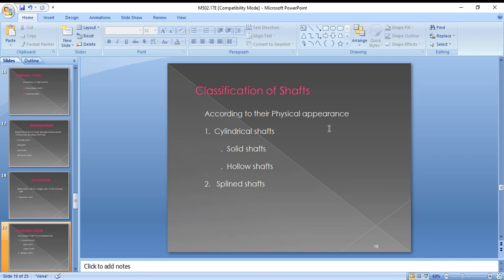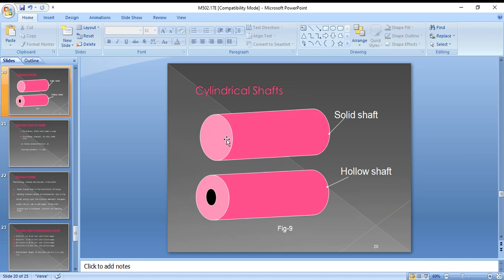A solid shaft has full material, and a hollow shaft has a hole inside the shaft. So these are the two types of cylindrical shaft. Next is the spline shaft. This is a solid shaft and this one is the cylindrical hollow shaft.